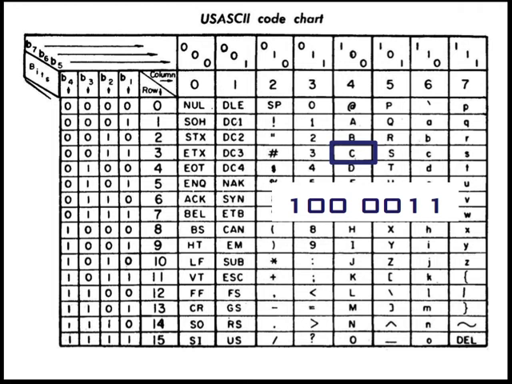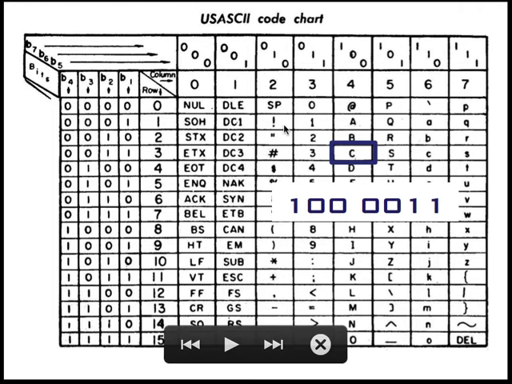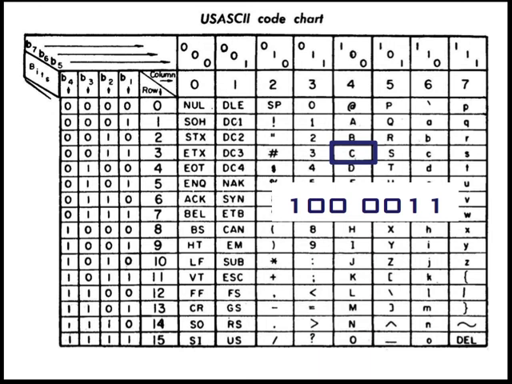So depending on the table, you sometimes read these ones first and then these ones, or these ones and then these ones. Bit 7 here, the bit that represents the largest value, the one on the left, that's called the most significant bit.